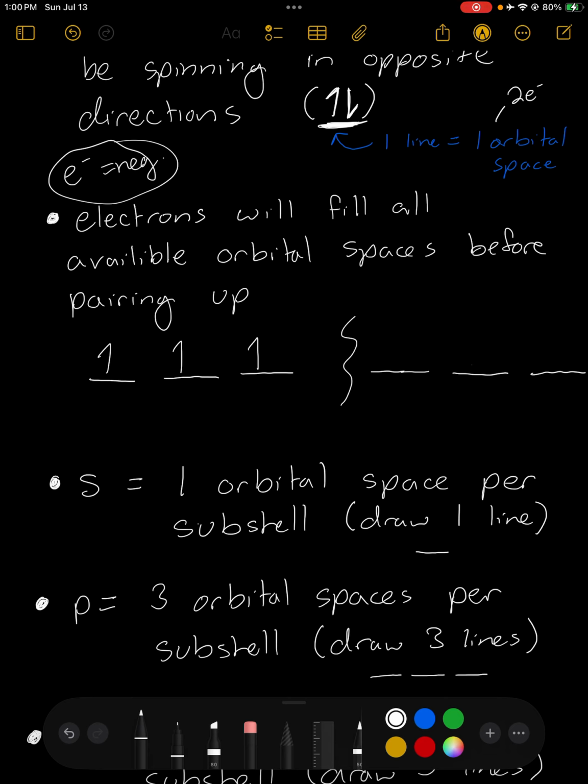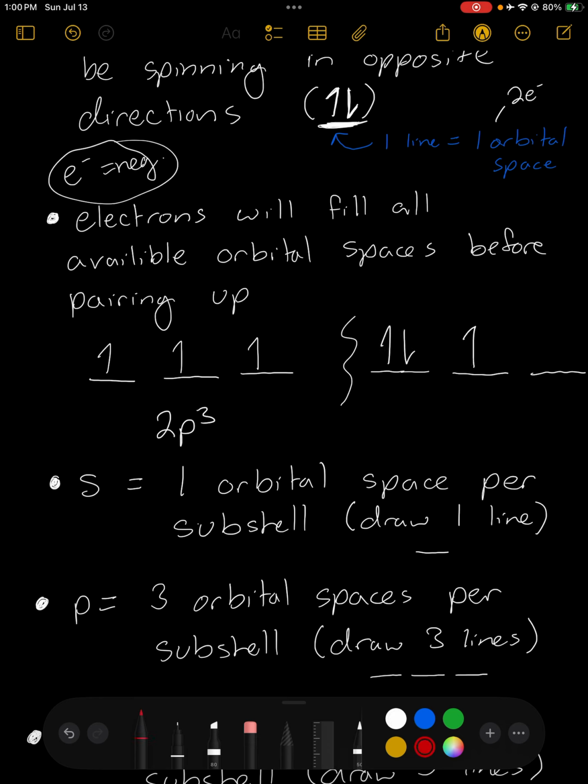So let's say you were writing out an orbital diagram for a p set of orbital spaces. So let's say it was 2p3. That means that you would distribute those 3 electrons on 3 separate lines, rather than doing something like this.